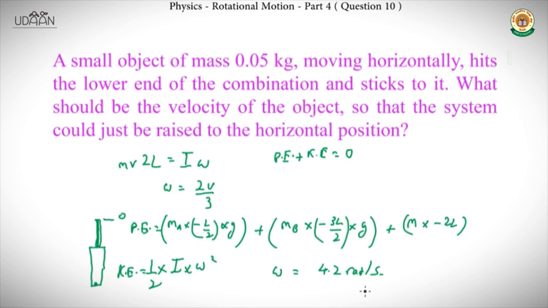Since we are asked to find the initial velocity of the incoming mass, we use the condition we found earlier, omega equal to 2v by 3. We put the omega value into this expression to find v, which comes out to be 6.3 meters per second, which is what was asked in the question.